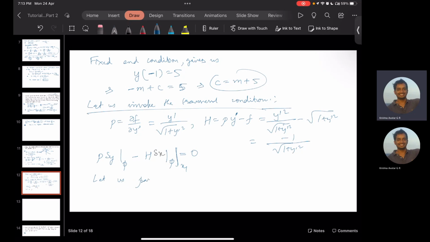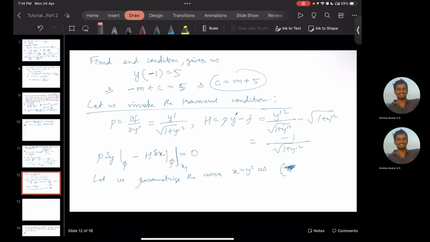Let us parameterize the curve of x is equal to y square as gamma, or sorry, let's call it zeta, and zeta squared. Or sorry, it should be zeta squared, comma zeta.